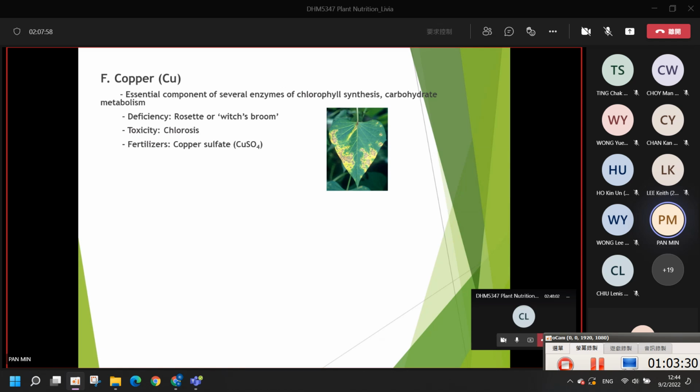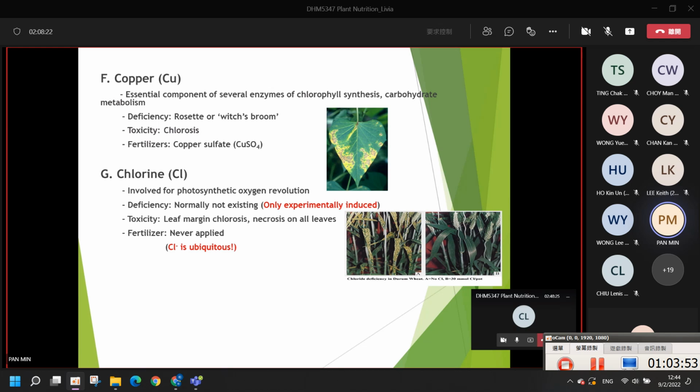And the copper. Here you can see it is an essential component of several enzymes of chlorophyll synthesis and carbohydrate metabolism. Deficiency shows as rosetting or witches' broom, and there is also toxicity for copper, which shows chlorotic symptoms. For chlorine, it is important for photosynthetic oxygen evolution.